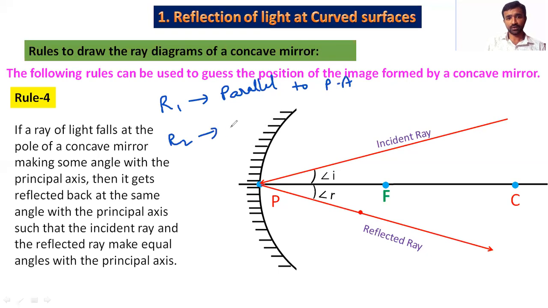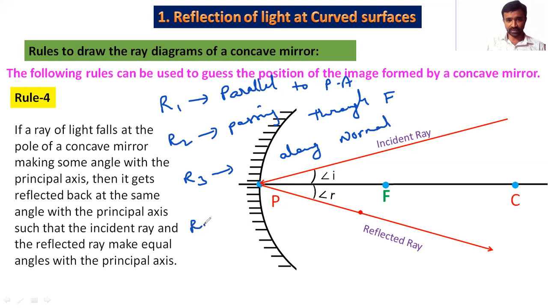R2 is passing through F. R3 is along the normal. In a special case, we have taken R4, which is not given in your textbook. This is on the screen, right? To meet the pole. So these are the rules which we discussed in yesterday's class.